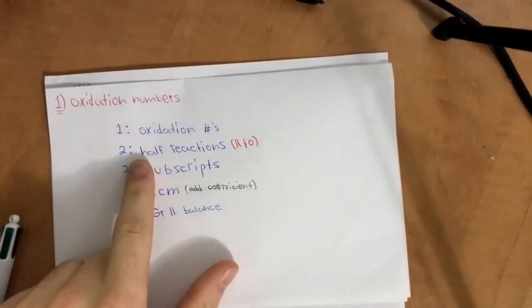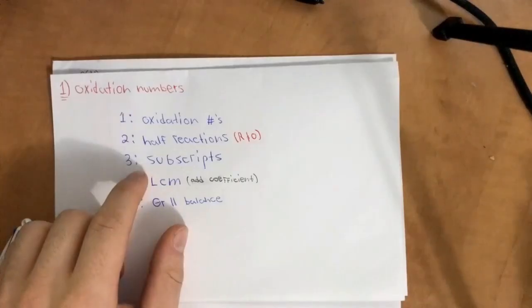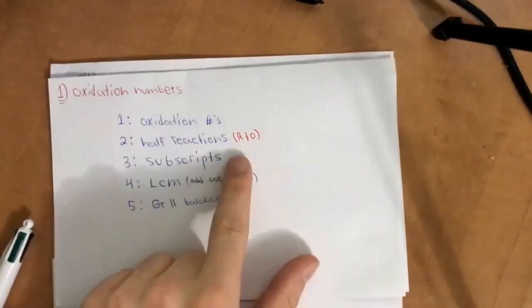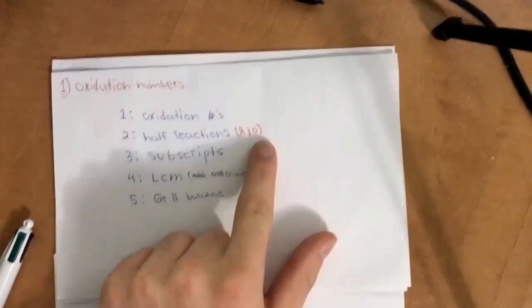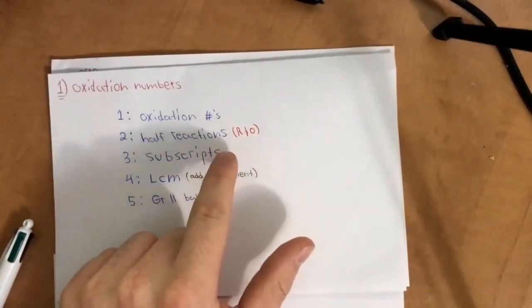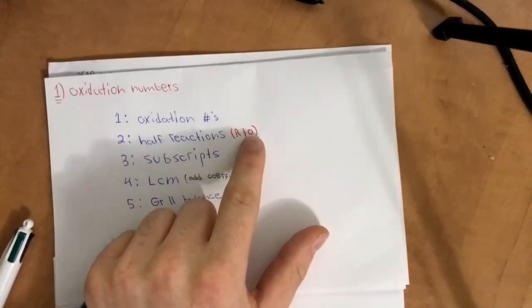we need to identify our half reactions. Now, for this next step, the half reactions, there's going to be one reduction reaction and there's going to be one oxidation reaction. Remember, reduction means you're gaining electrons and oxidation means you're losing them.